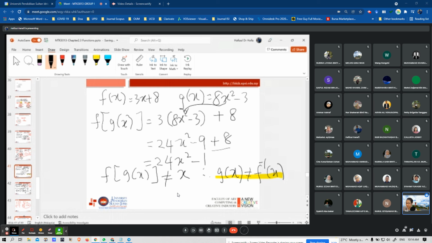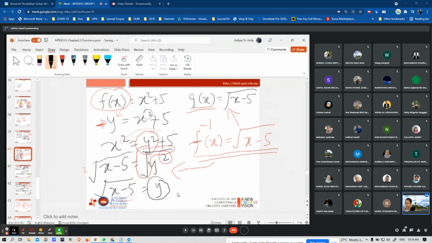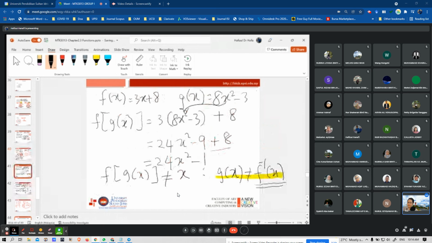And then this one f(g(x)) is not the same as x. So we can conclude that g(x) is not the inverse of f(x). The output must be the same. This one for f(x), we have y, and this one for g(x), it's not the same as the inverse of f(x).